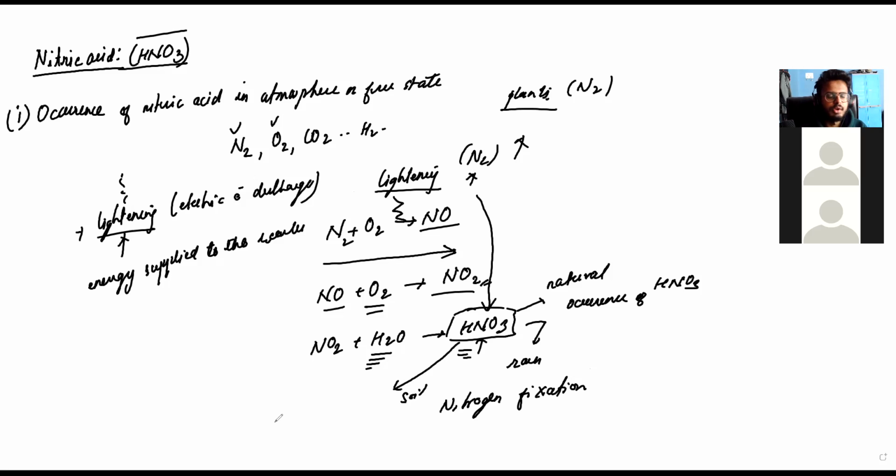I think you have studied this in biology. There are bacteria in the roots of plants that can do this thing, right? They can fixate atmospheric nitrogen to some compounds that are useful to the plants and thus bring it to the soil, right? So this process is known as nitrogen fixation, where you can fix the atmospheric nitrogen gas, convert it into some compounds that are useful to the plants and bring that compound to the soil so that the roots can absorb it, right?